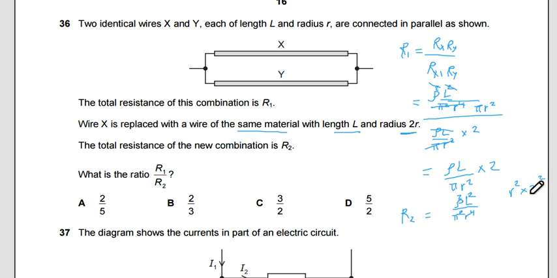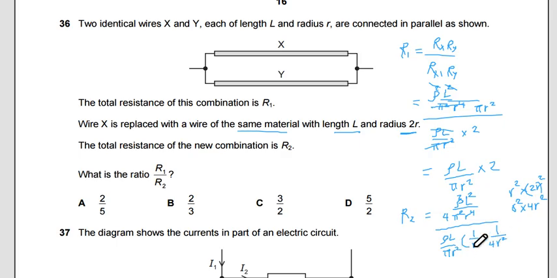So it is R squared times 4R to power 2. So we have here 4, and this is divided by rho L over pi, here 1 over R squared, and here 1 over 4R squared.